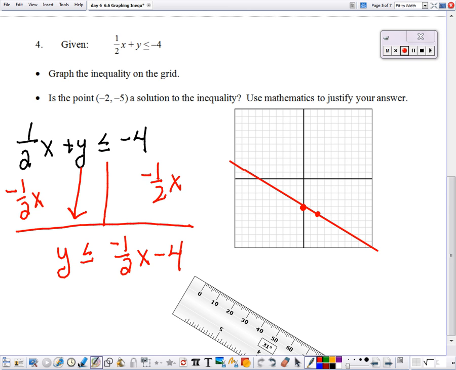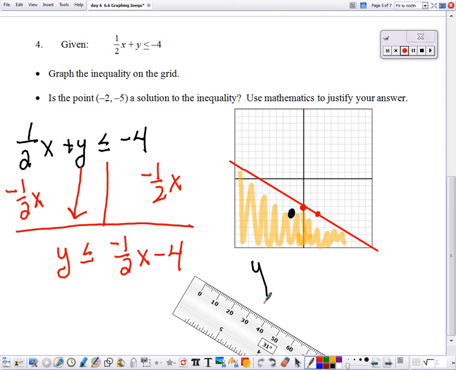Then to color it in, we need the side below, looking at this symbol here, below the line. So that's underneath here. Then to check our point, negative 2, negative 5.